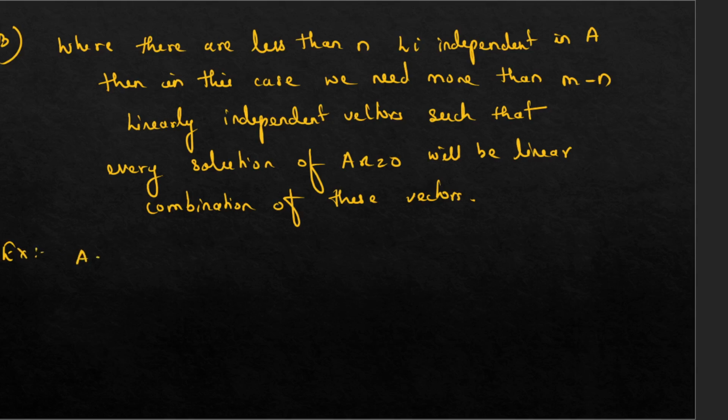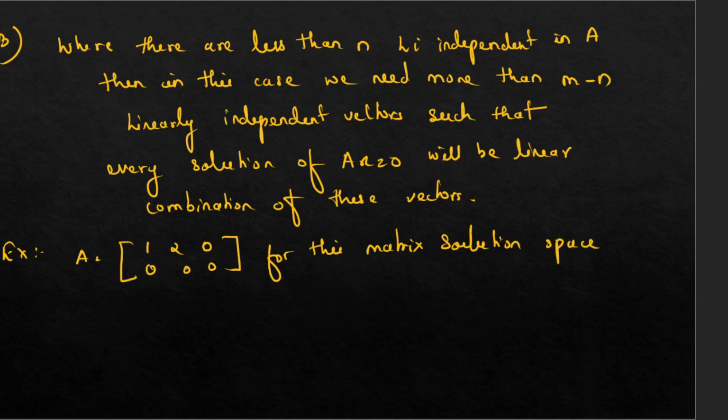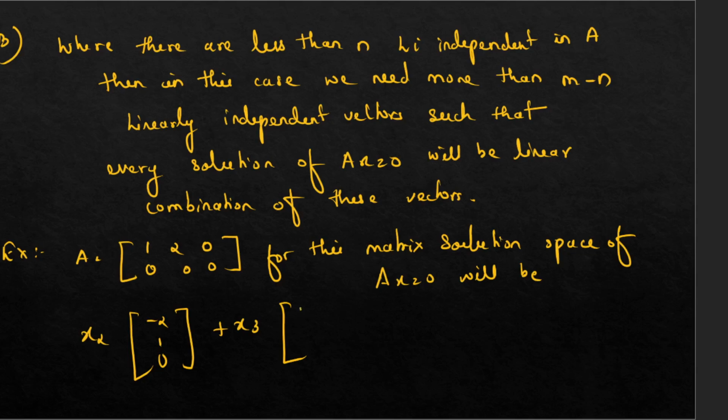Let's say A I have taken as 1 0 2, 0 0 0, like this, where for this matrix the solution space of Ax equals to 0 will be x2 times (minus 2, 1, 0) plus x3 times (0, 0, 1), where x2 and x3 belong to real numbers.